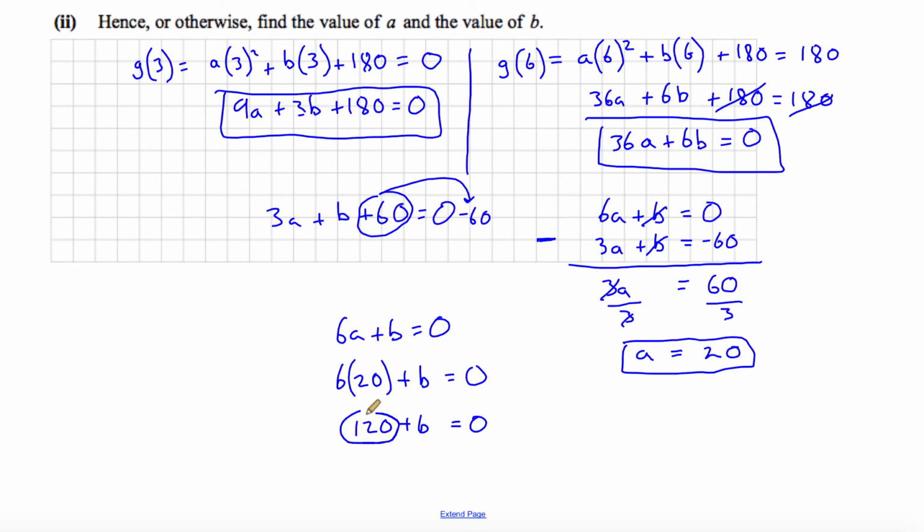So now I just bring the 120 over, that becomes a negative, and I have b is negative 120. Box that answer off. And that is my value of a and my value of b, and that's the end of the question.